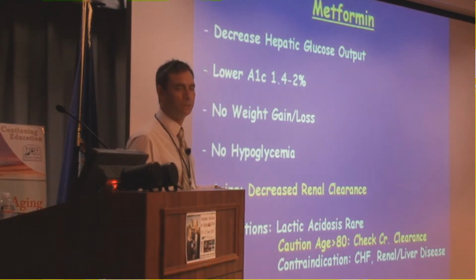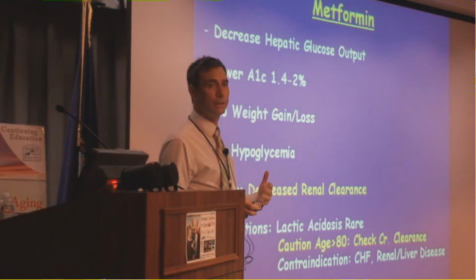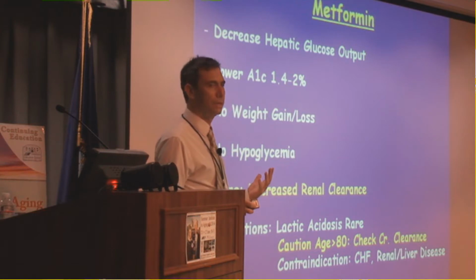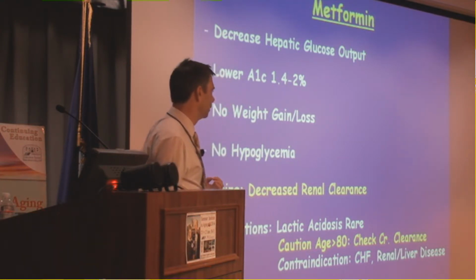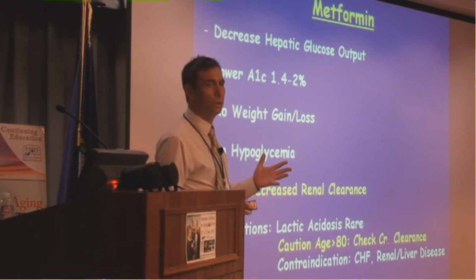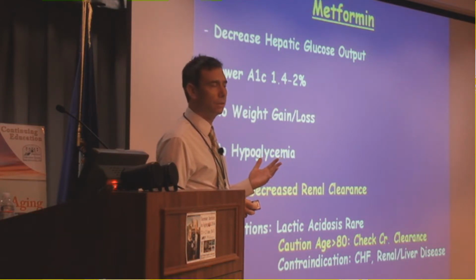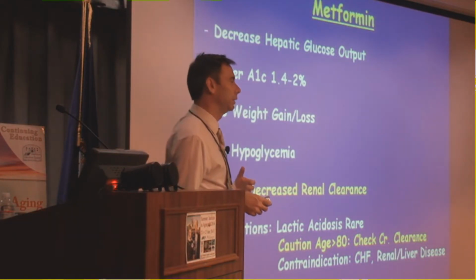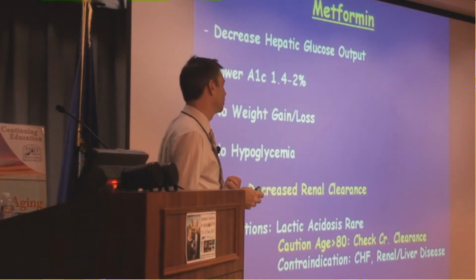The way we screen for kidney problems is with a blood creatinine level. So if a person has a high creatinine, you never use metformin. But in people who are over 80, the creatinine level in blood is not a very precise way to screen for kidney failure, because the creatinine comes mainly from the muscle, and they have smaller muscles.